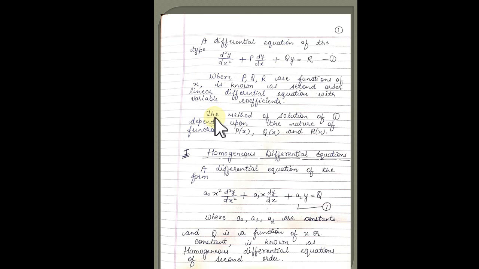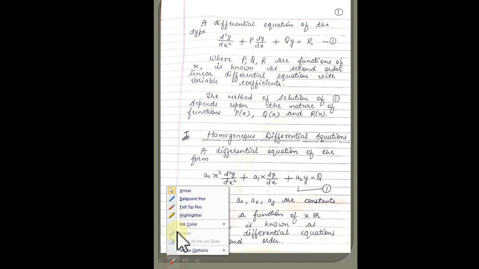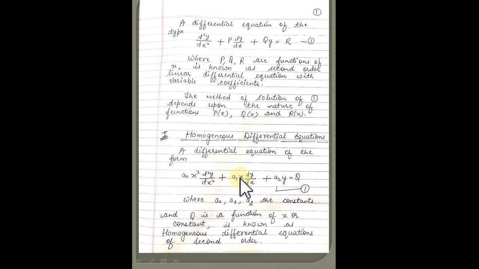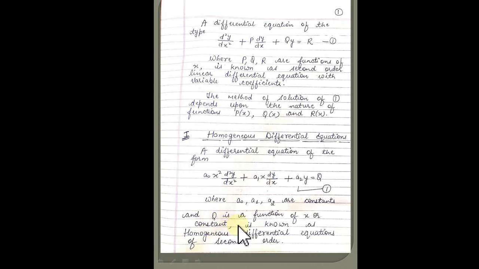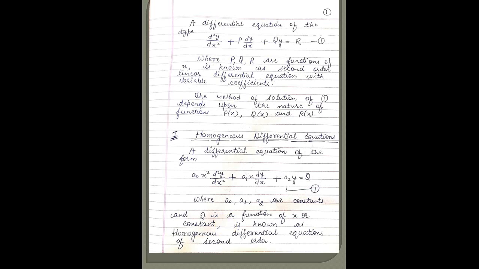This is the homogeneous differential equation, equation number 1: a0 x square d2y upon dx square plus a1 x dy upon dx plus a2 y equal to q, where a0, a1 and a2 are constants and this right hand side q function is of x, or maybe it is constant. So this equation number 1 is known as homogeneous type differential equation.